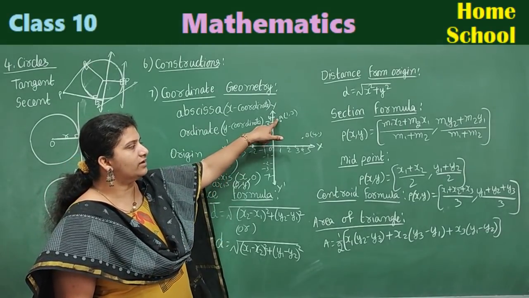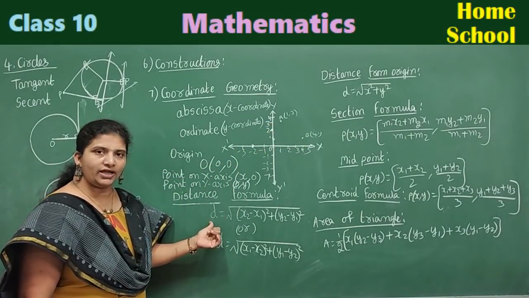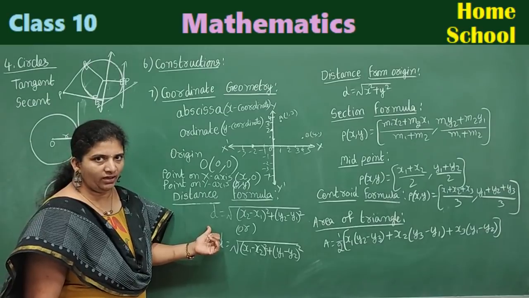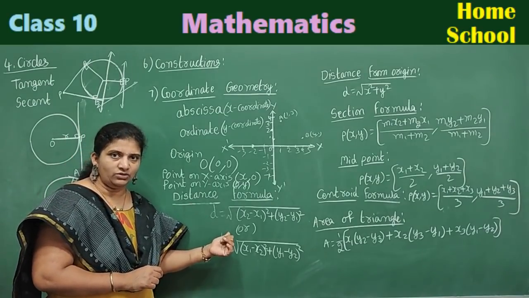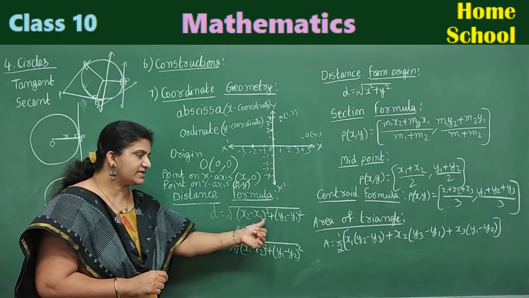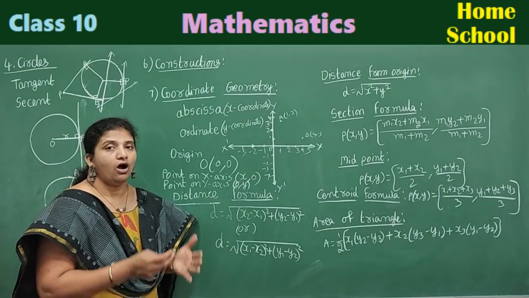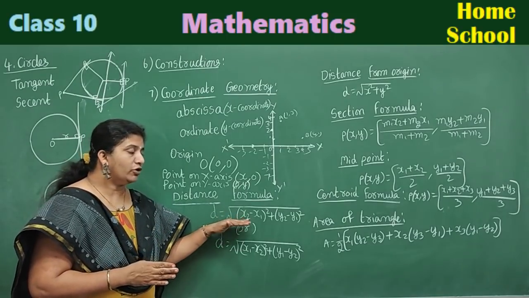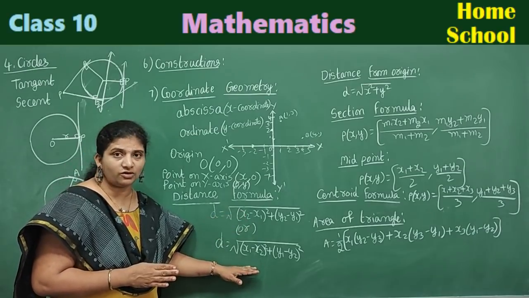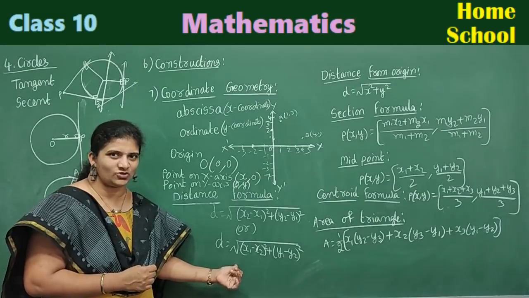Instead of small d, you can write AB. But actually, what is your formula? D is equal to square root of (x2 minus x1) whole square plus (y2 minus y1) whole square. Or, observe here, in your multiple choice questions, they won't give this option, they may give you this option. Check which one is right, then you can tick for this also.